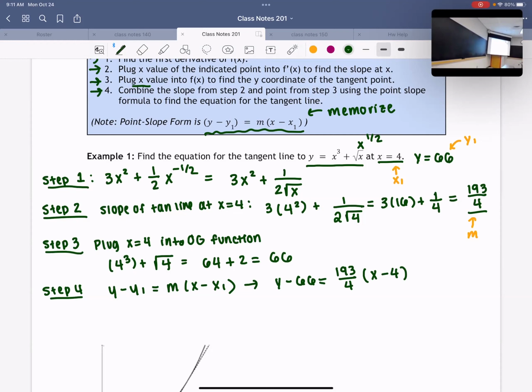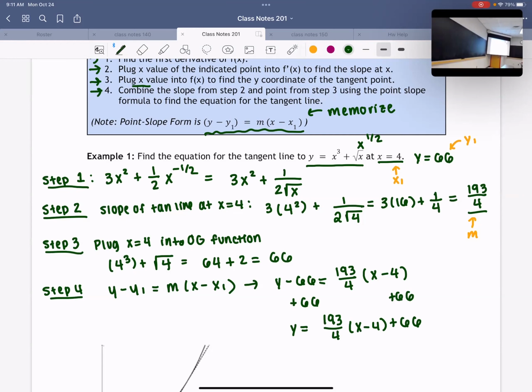All right. Once we're here, I do like getting y by itself. I'm not going to simplify too much because sometimes making an equation or graphing an equation is easier when we do this. But I'm going to add 66 to both sides just to get y by itself. So y = 193/4 times x minus 4 plus 66. Now, of course, you can distribute the 193/4 to the x and the 4 and add them together.